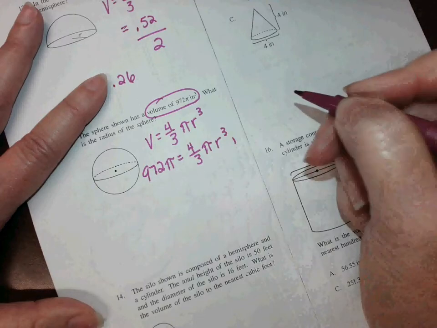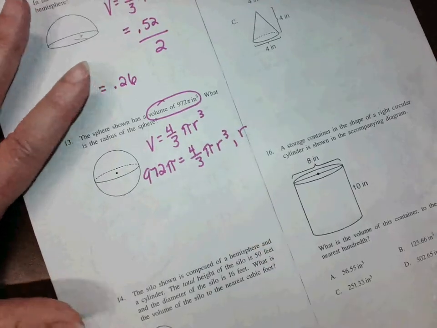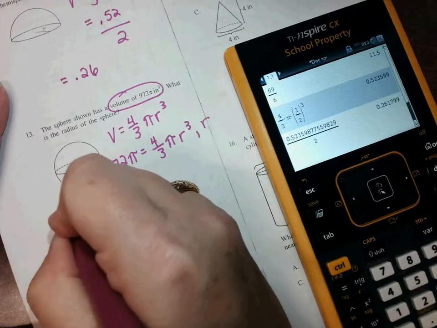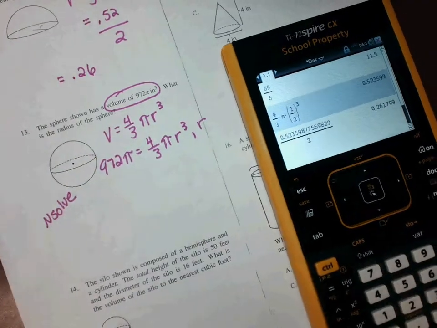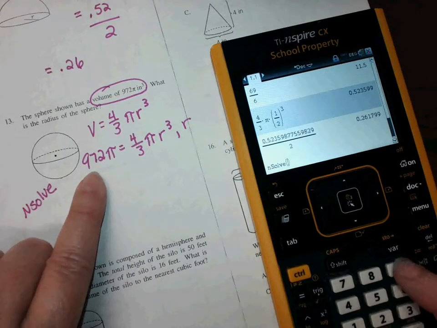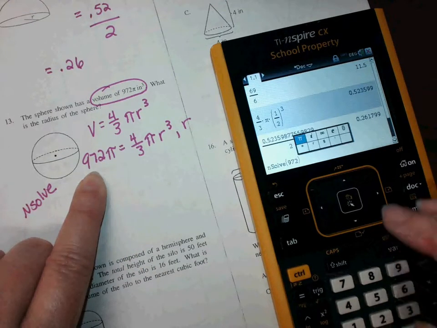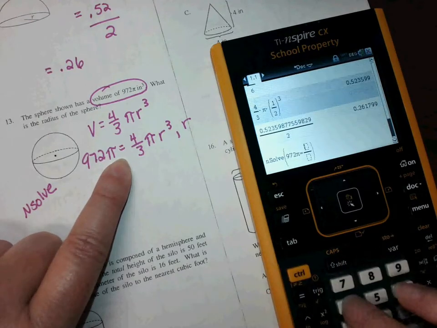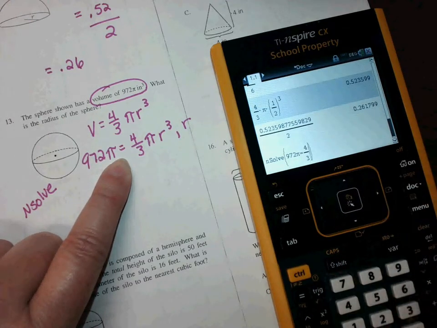At this point, this would be a good time to simply solve using insolve. So I'm going to do menu 3-1, and I'm going to type this in. 972 pi has to equal 4/3 pi r cubed.